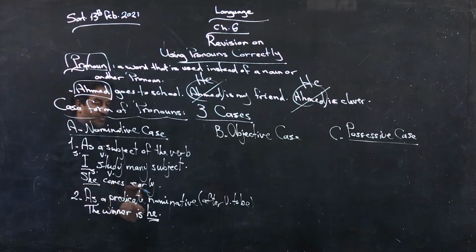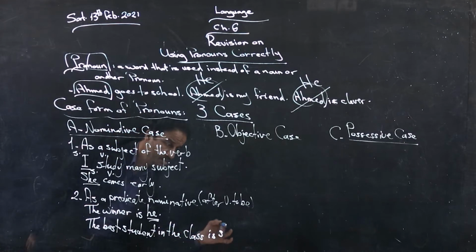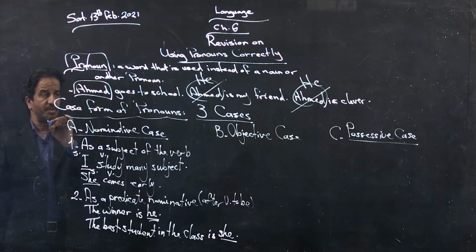He here comes after verb to be, so it's a predicate nominative, so it's a nominative case. The best student in the class is she. She comes after verb to be, so it's a predicate nominative and it's a nominative case. That's the first case, nominative case.